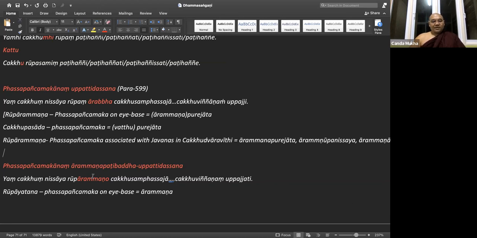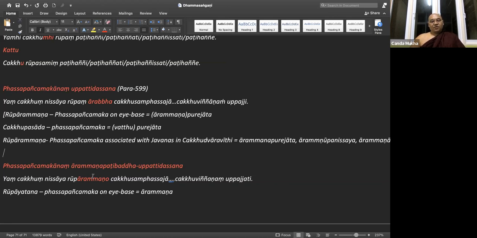So in that case the Pali structure is different. Then what we can understand is that Rupayadana is there, and that Rupayadana conditions, supports Phassa to arise by means of the object only.